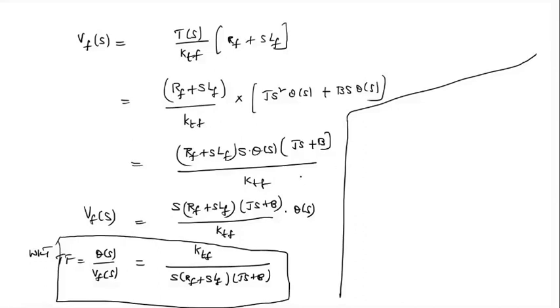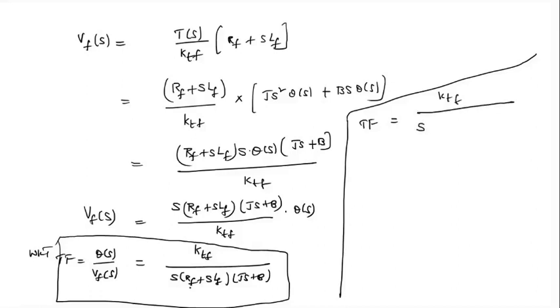The further simplification is helpful to find a clear-cut transfer function which indicates what the mechanical time constant is and what the electrical time constant is. In order to identify that, we can go for further simplification. So TF equals KTF, the numerator as it is. In the denominator, S will be taken as it is.